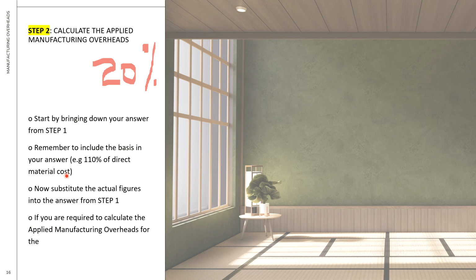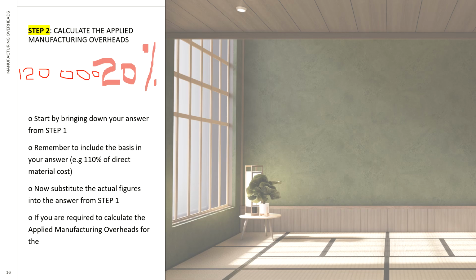Let's say they say applied overhead is 20% of the direct labor cost, and say total direct labor cost, for example, is 120,000 rand. That's your basis, which is direct labor.